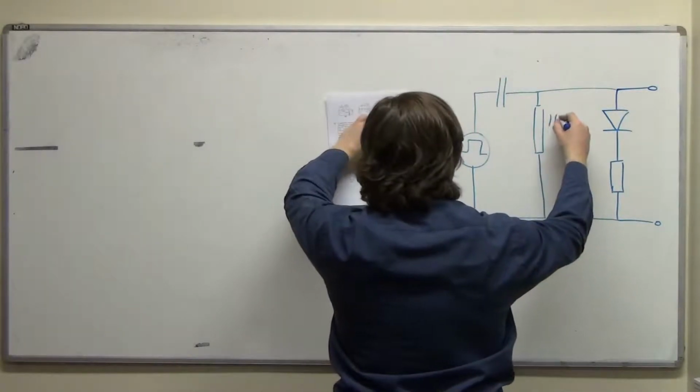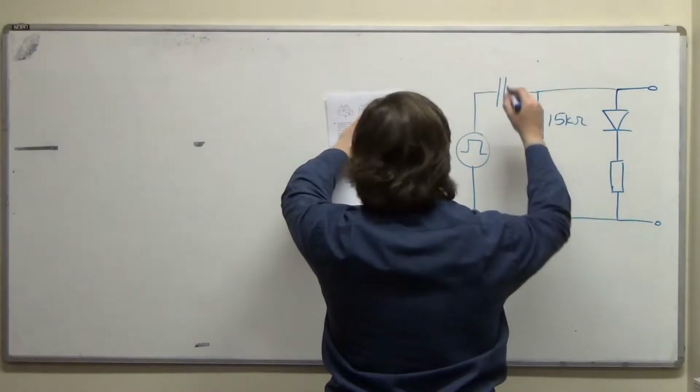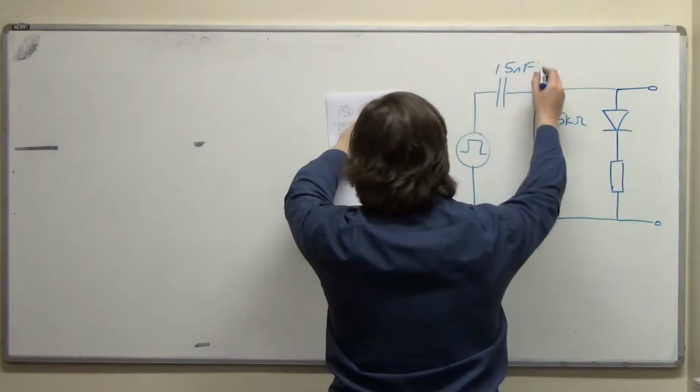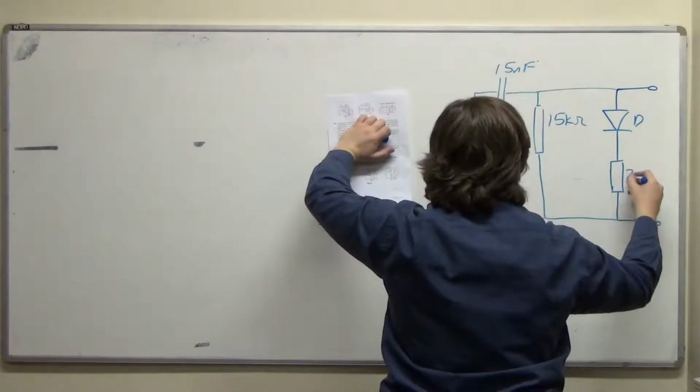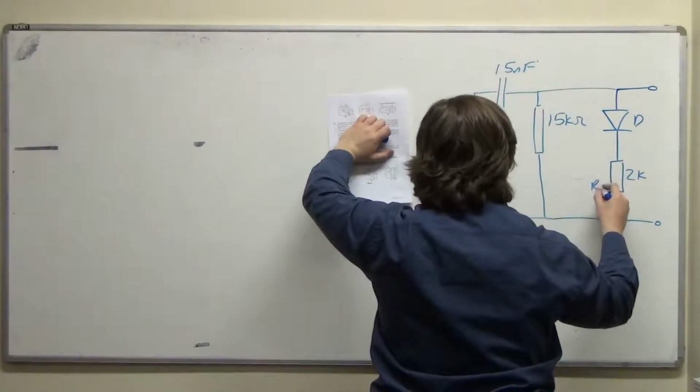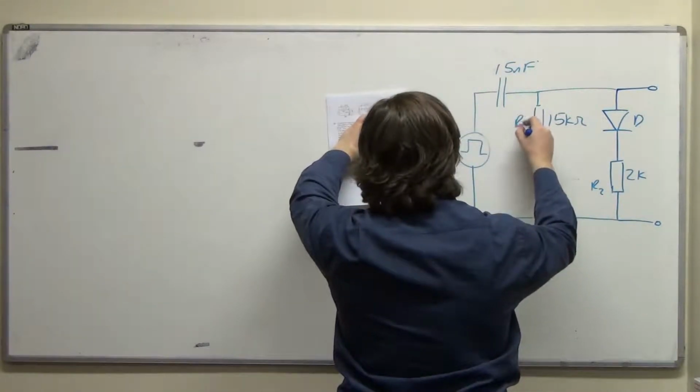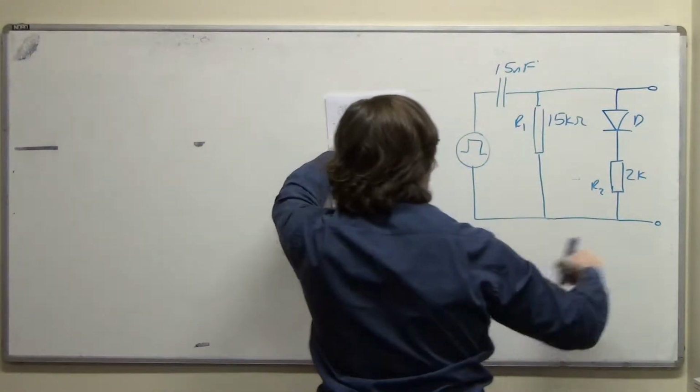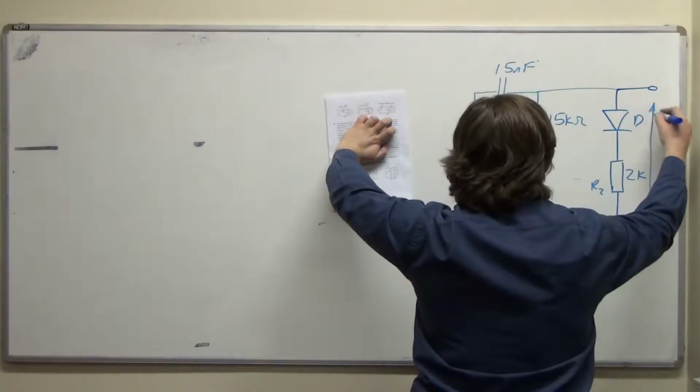So we've got 15k and 15 nanofarads, and D and 2K. And this is R2 and this is R1 and this is V out.